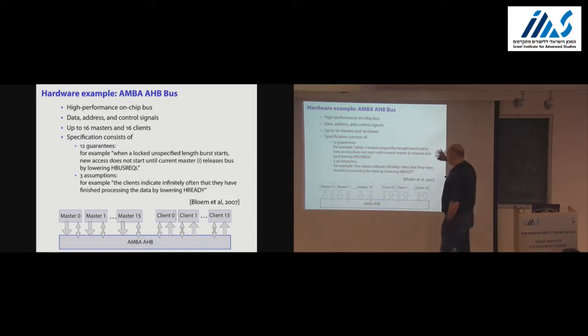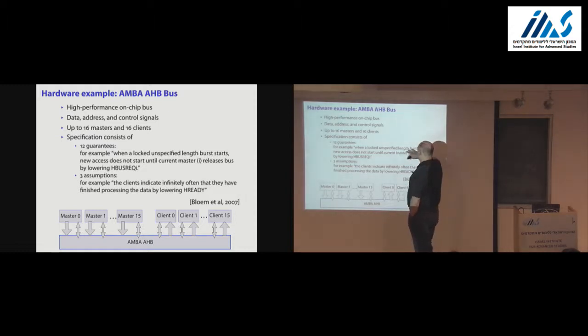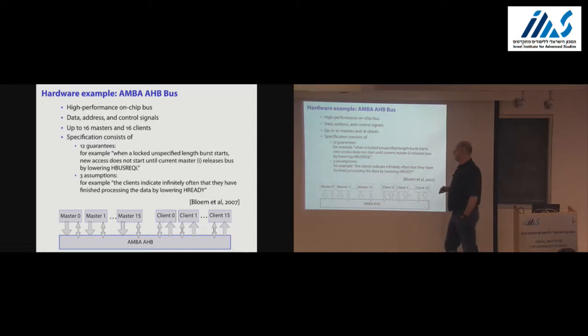So these are things like when a locked unspecified length burst starts, new access does not start until the current master releases the bus. And these guarantees are supported by assumptions, right?